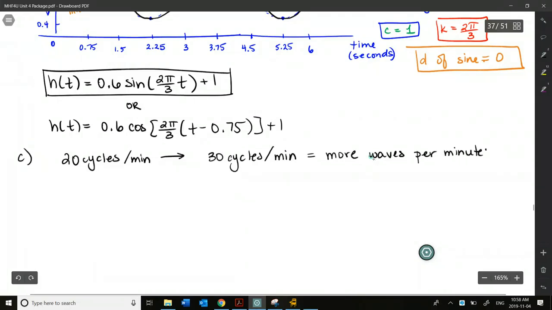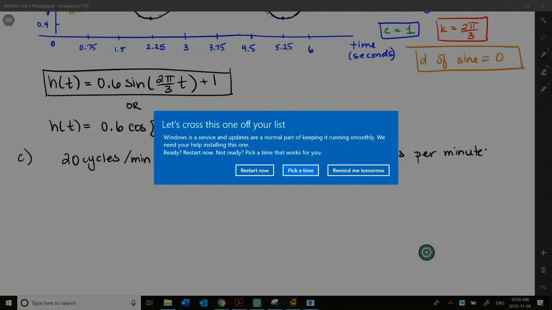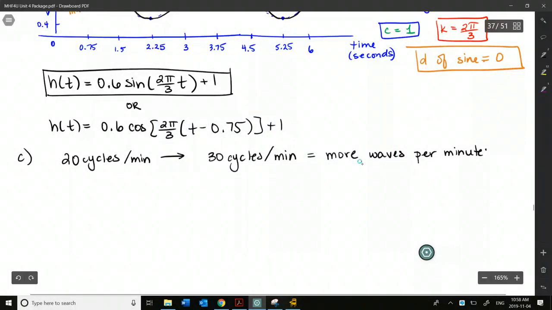Okay, so the change that we would see in the amount of waves in that minute would be that we would see more waves per minute because we're completing more cycles. And Jonathan said that if we have 30 cycles per minute, I have 60 seconds, and that gives me 30 cycles. So it takes 2 seconds for each cycle here. That is my period.